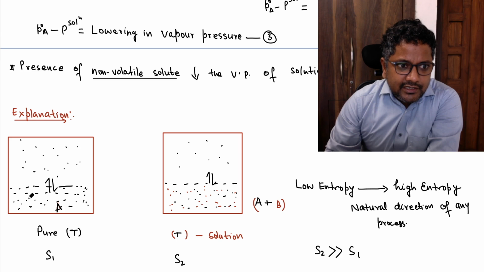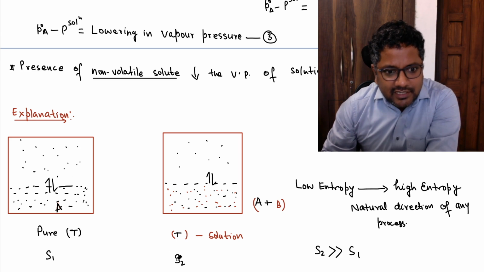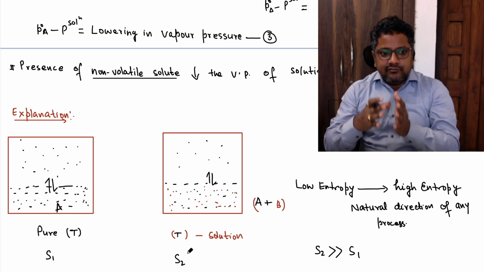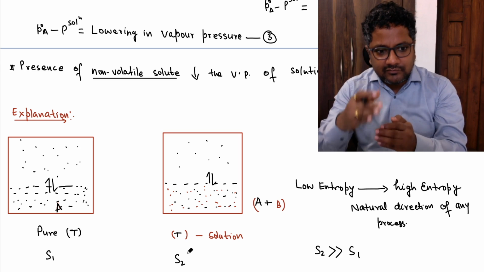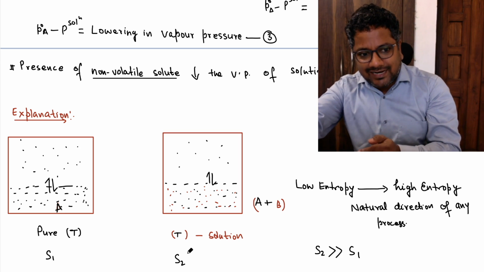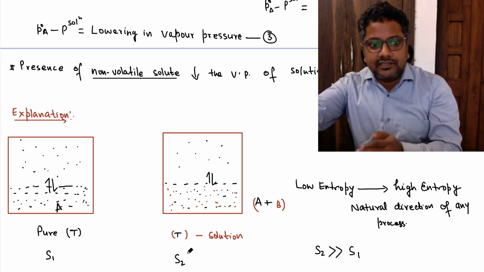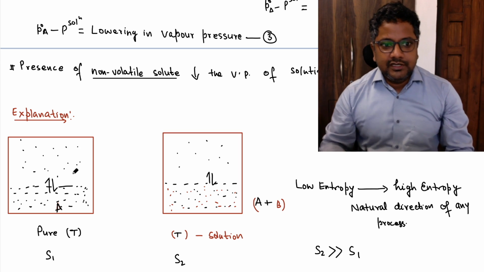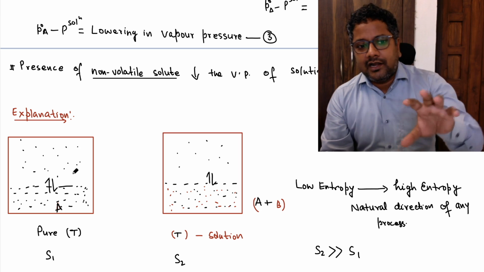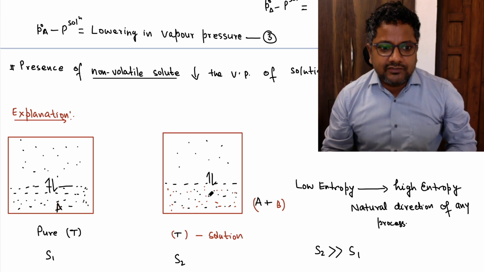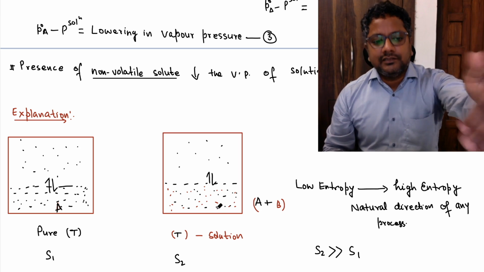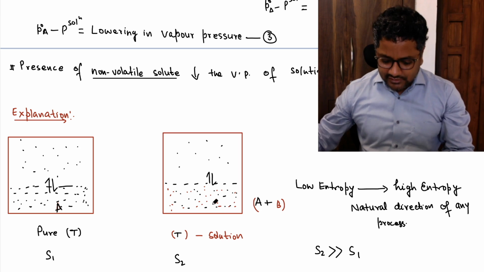So here the pure solvent has less entropy and this has more entropy. Since the solution has more entropy, from more to further higher, this tendency will decrease compared to from lower to higher. So if already the entropy of the system is on the higher side, from higher to further higher, this tendency will decrease, right?